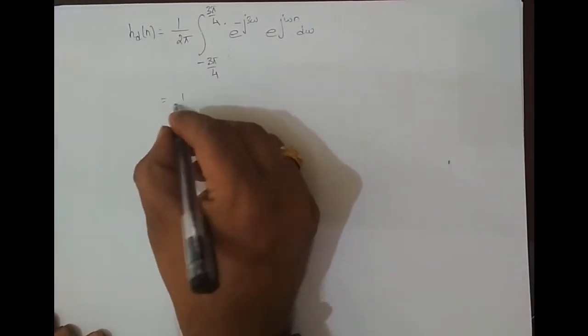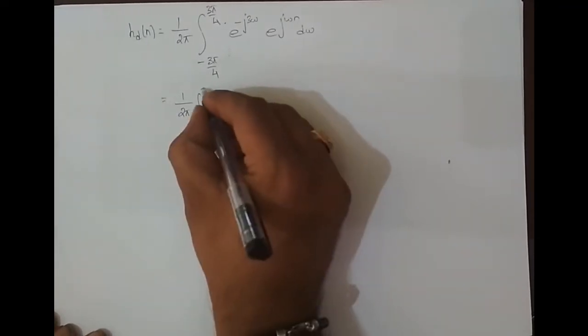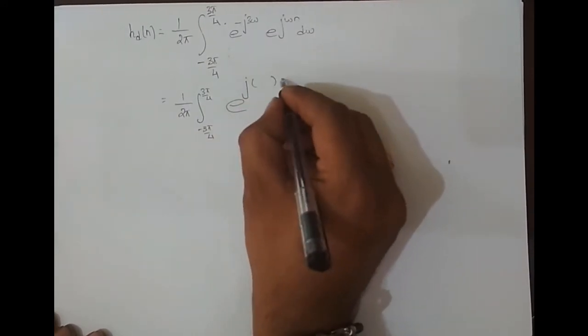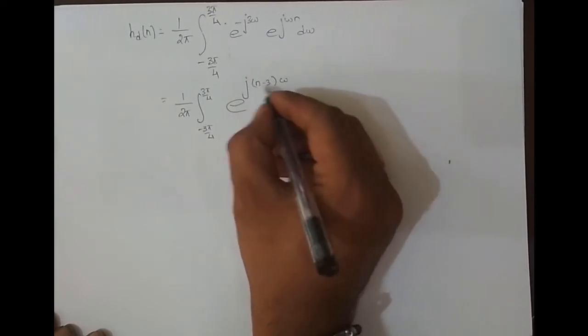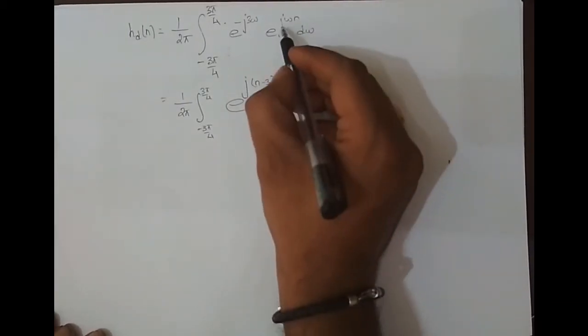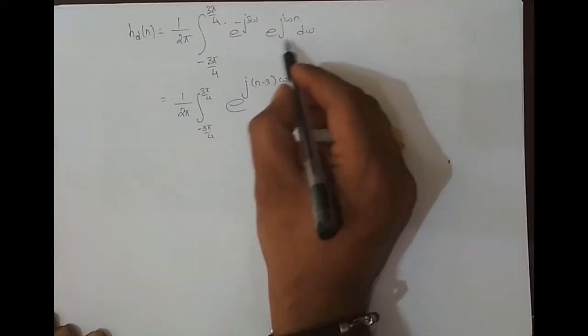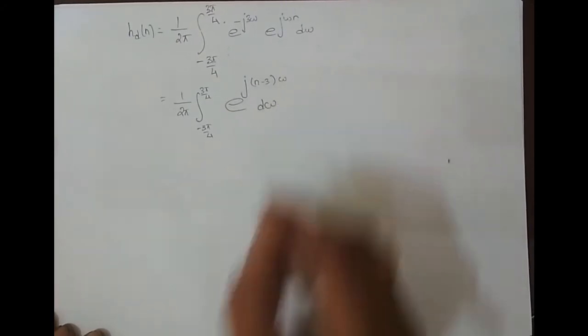So this is equal to 1 by 2 pi integrating from minus 3 pi by 4 to plus 3 pi by 4. I will take e power j omega common, and I end up with n minus 3: e power j omega n into e power minus j 3 omega, d omega.